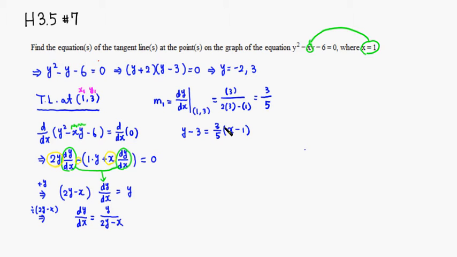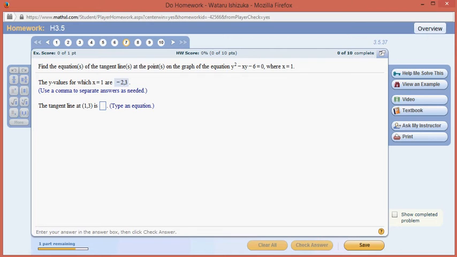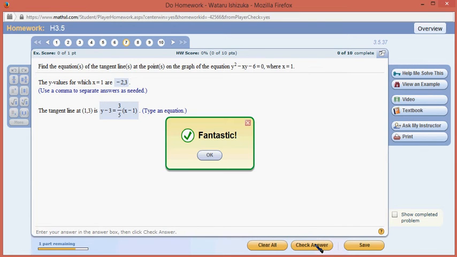We probably have to write it in y equals form, so let's double check. I guess I can write the equation as y minus 3 equals 3/5 times x minus 1. Let's see if they like this equation. Check the answer. We got that.